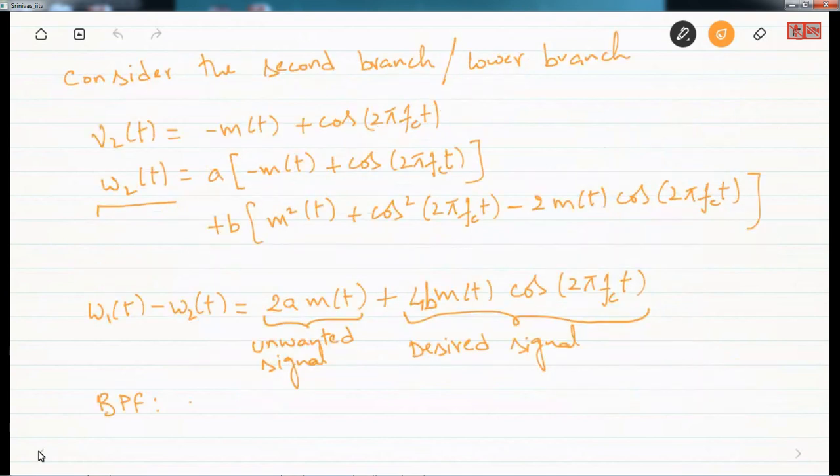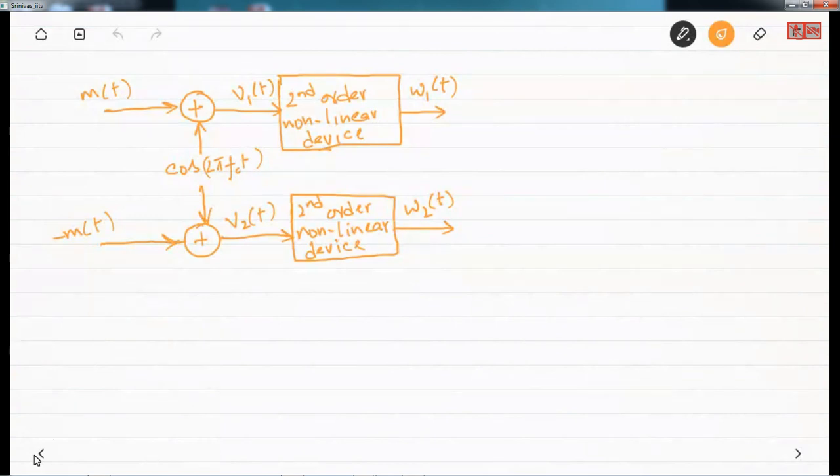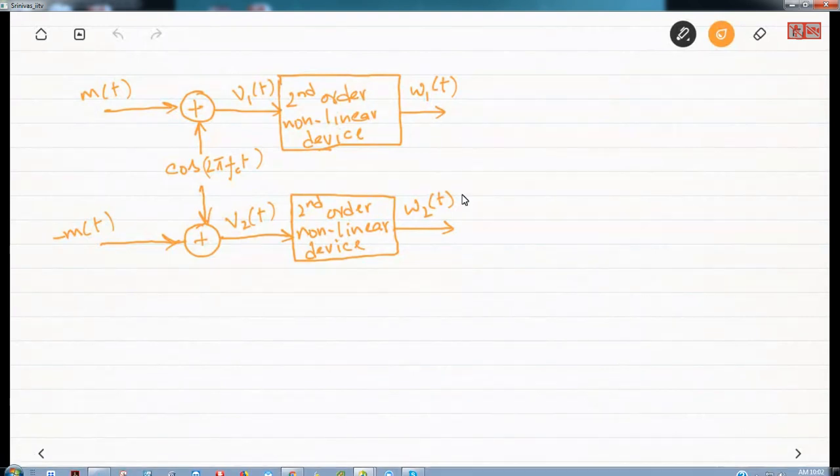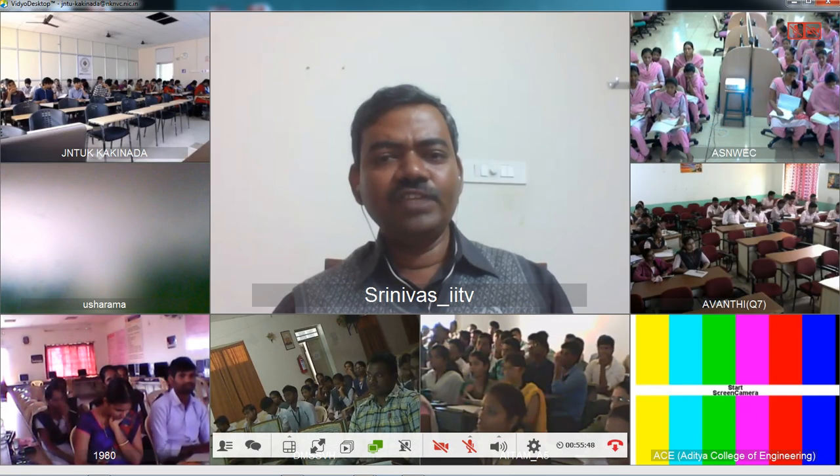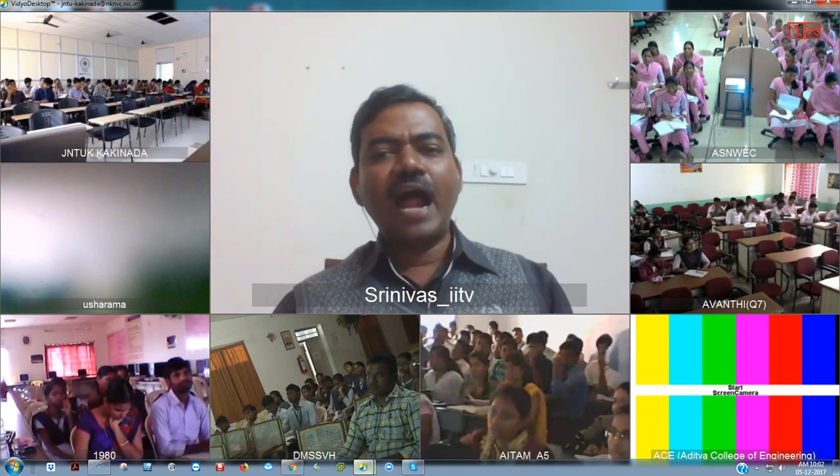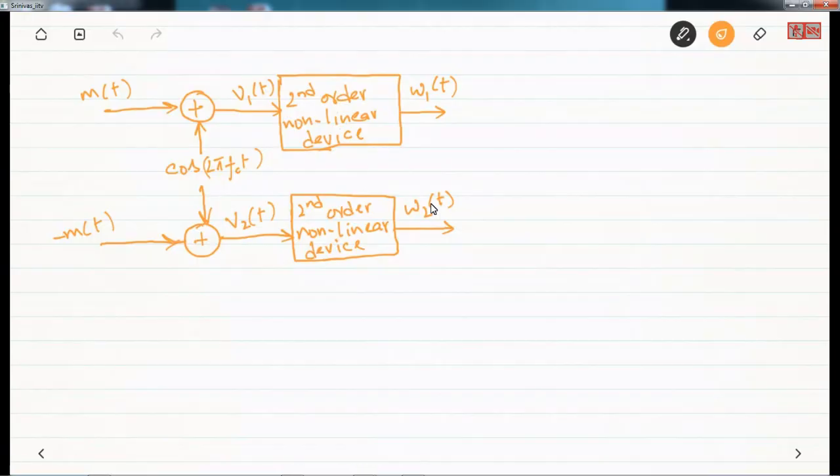Understood? Right? So now let's complete this diagram with that knowledge. Whatever we have, W1 of t, W2 of t, and then mathematically we have seen that if I perform W1 of t minus W2 of t and then give that resultant signal to a band pass filter, my output will be some k into m of t into cos 2 pi fct, right? So let's complete this diagram. You can complete it with just a little thought. So now we have this, right?